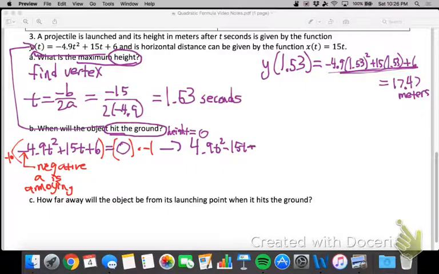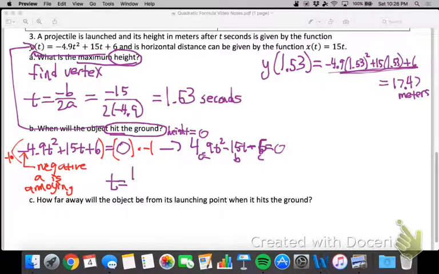So now it's 4.9t squared minus 15t minus 6 equals 0. So now it's quadratic formula. So t equals, remember this is A, that's B, that's C, that's a 6. Great.